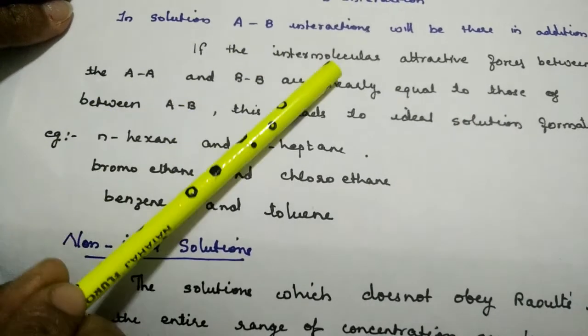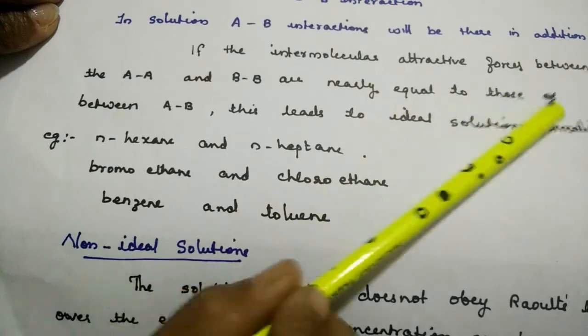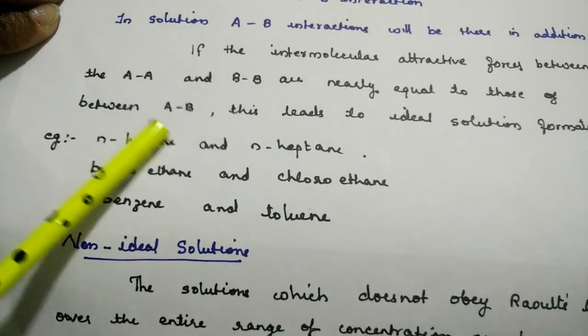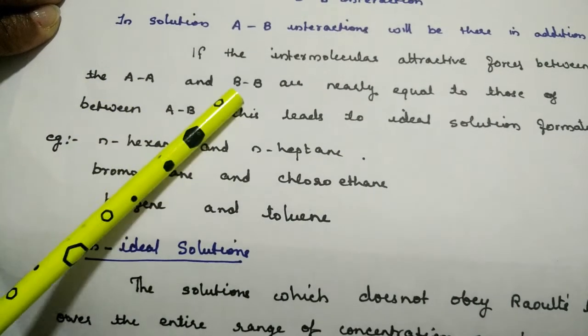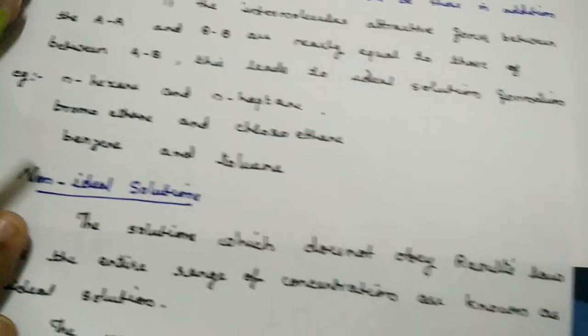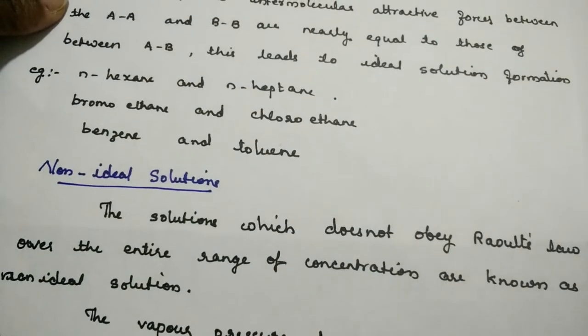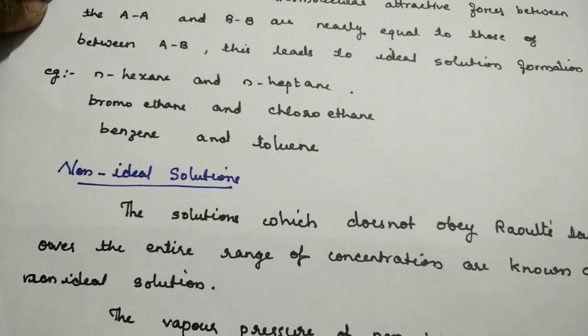And if the intermolecular attractive forces between AA and BB are nearly equal to those between AB, this leads to ideal solution formation. Whenever AA and BB interactions are nearly equal to AB interactions, then we can say the solution is ideal.